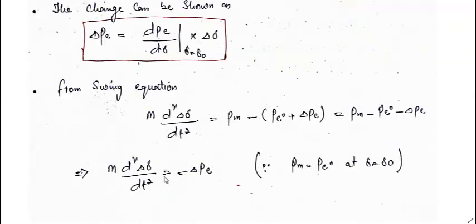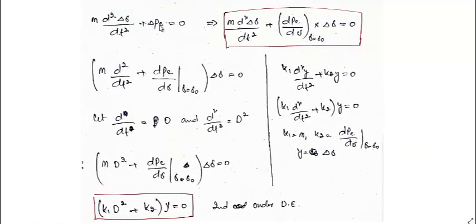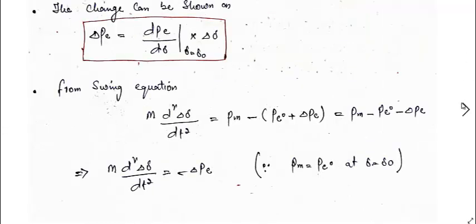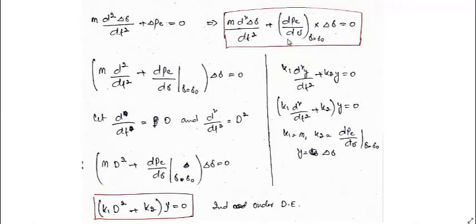Now I will take this term to this side. It will be M d²Δδ/dt² plus ΔP equal to 0. That is this equation. And since we know the value of ΔP from this equation, I'll write ΔP as dPe/dδ at δ equal to delta naught into Δδ, equal to 0.